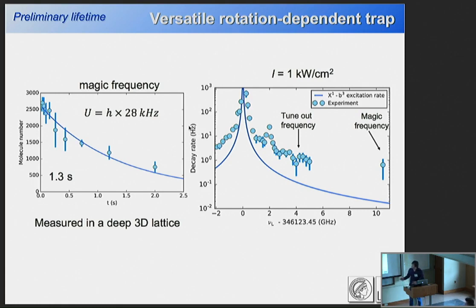This is measured in a deep 3D lattice, so any collision loss is avoided. The loss should be only due to photon scattering from the trapping light. We map out this decay rate, the inverse lifetime, versus the detuning. We can see that near resonance it just diverges.